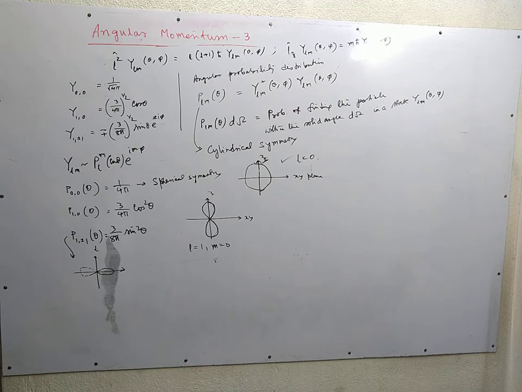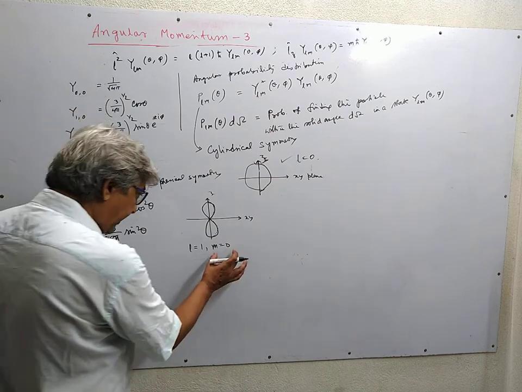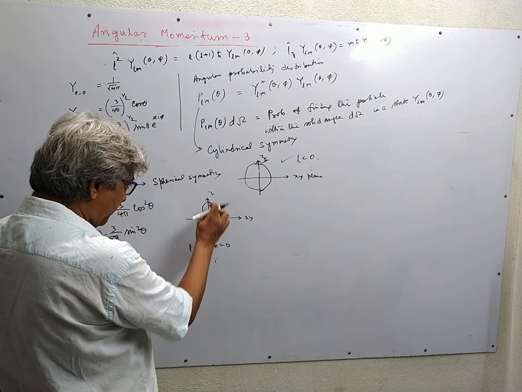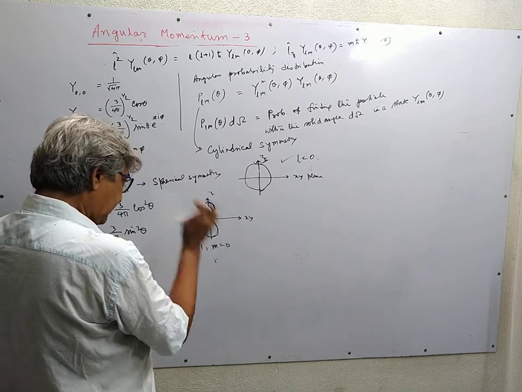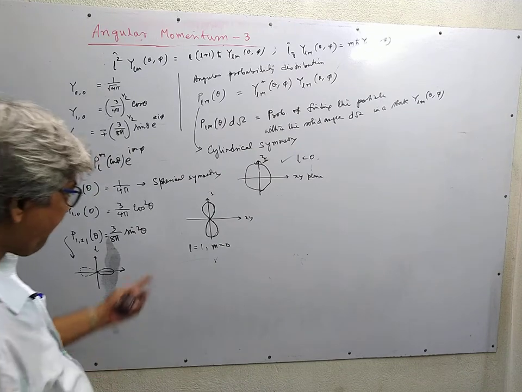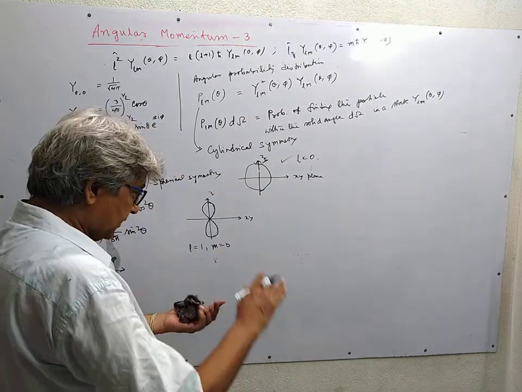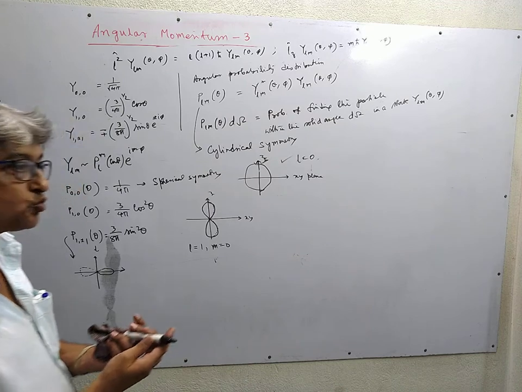If we consider higher L values too, it is found that for M is equal to 0, the maximum angular probability is obtained on the z-axis. This is because for M is equal to 0, the angular momentum is being rotated in the xy plane.